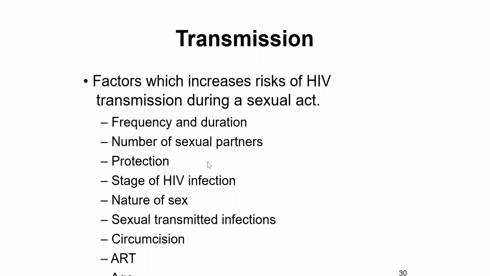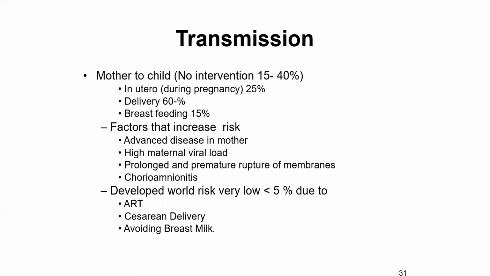Then the age, it has to do with maturity when you're negotiating for sex. Then in terms of mother to child, if you don't do anything, the risk of acquiring HIV infection from mother to child is not 100%. Not all mothers who are HIV positive transmit the virus to their children.